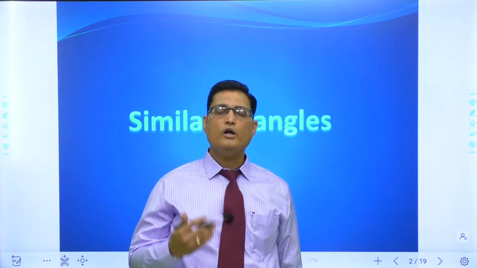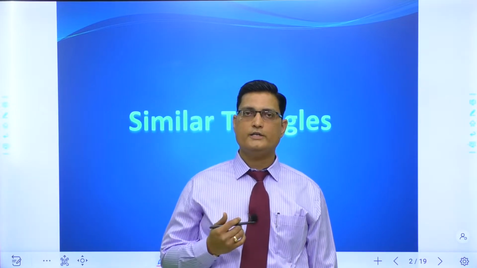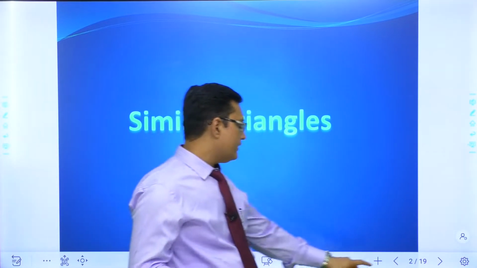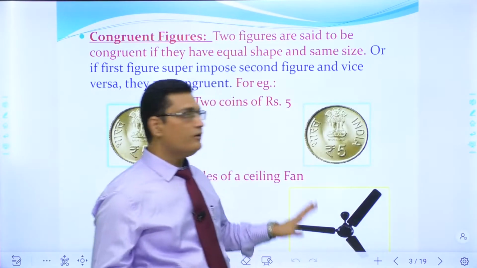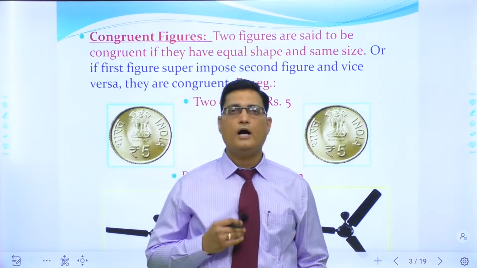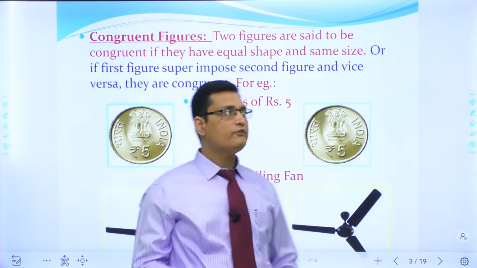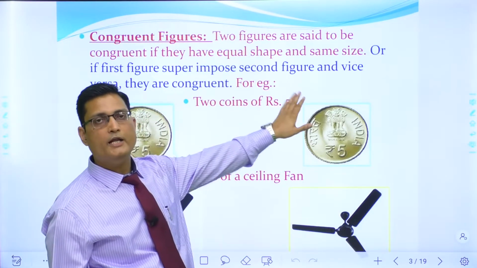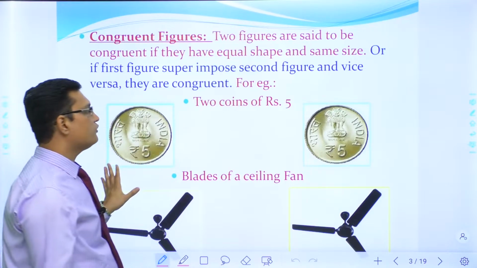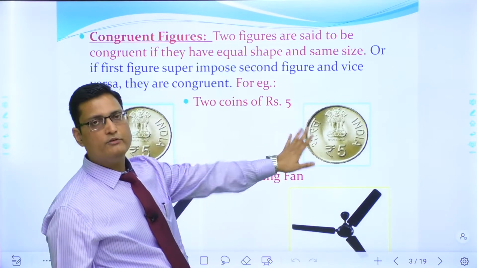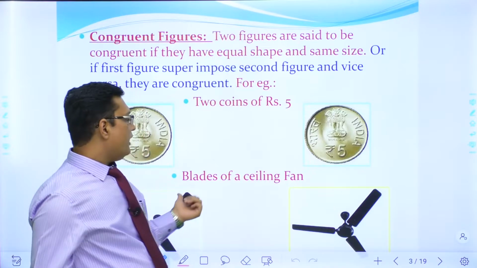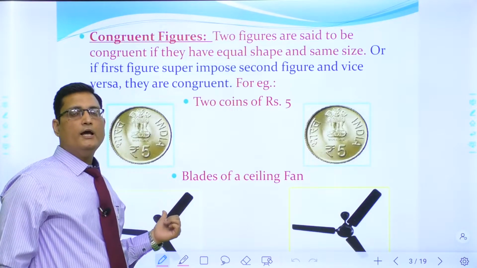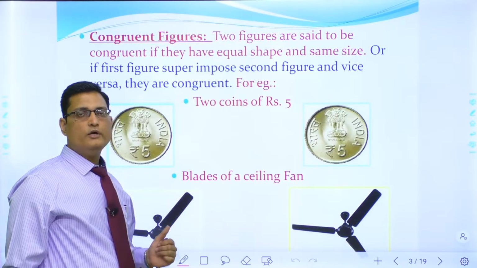So just recall our ninth class knowledge about congruency. In congruency, we know that two figures are said to be congruent if they have equal shape and equal size. For example, two coins of rupees 5 are congruent to each other, and in a ceiling fan, all blades are congruent to each other.